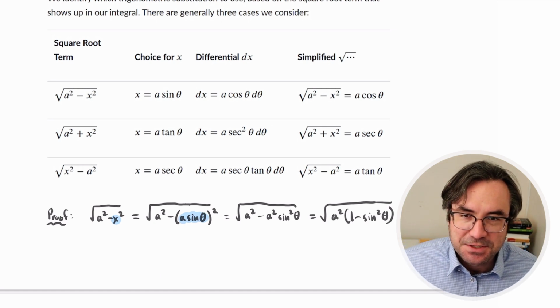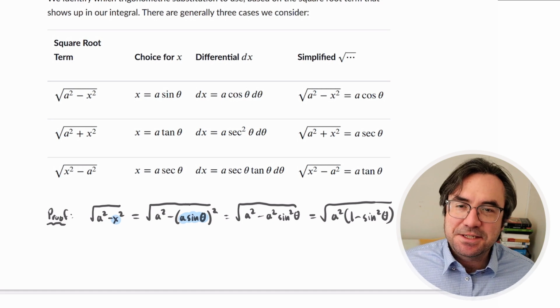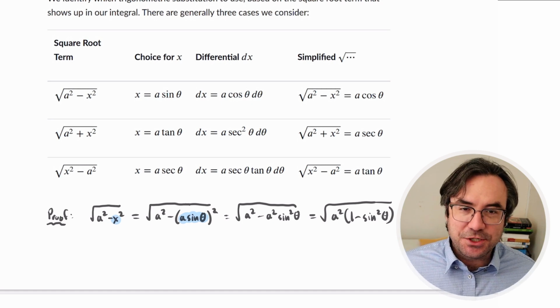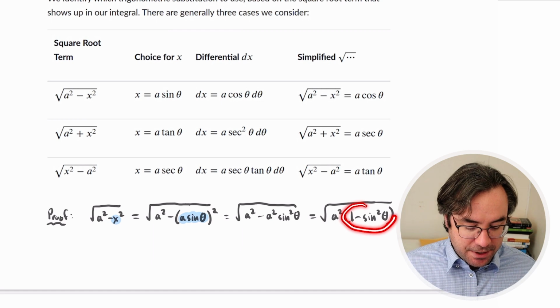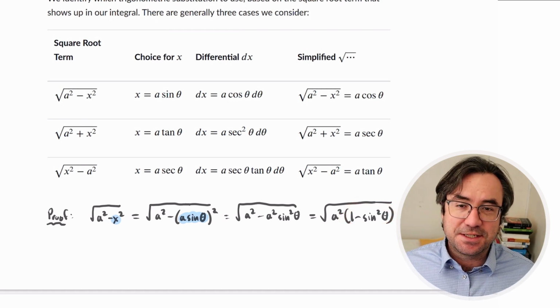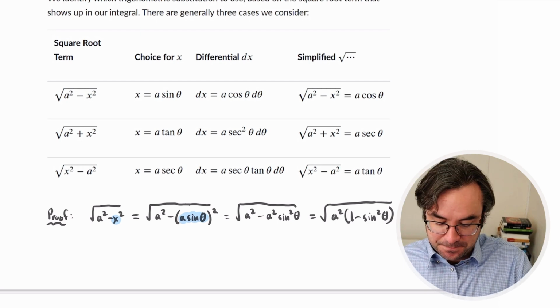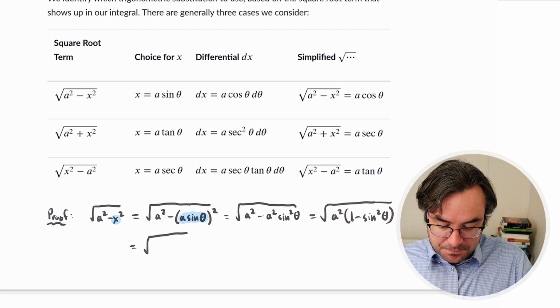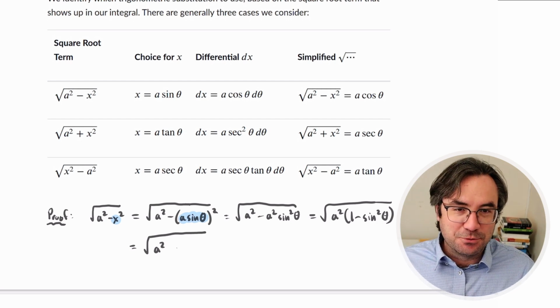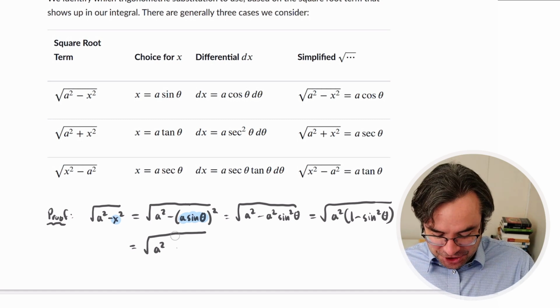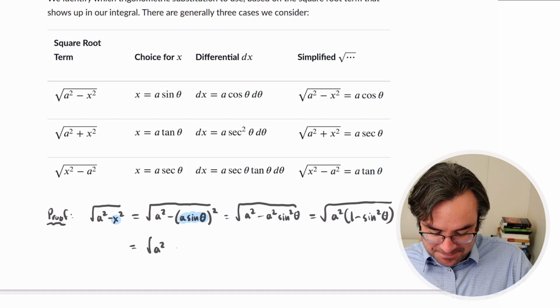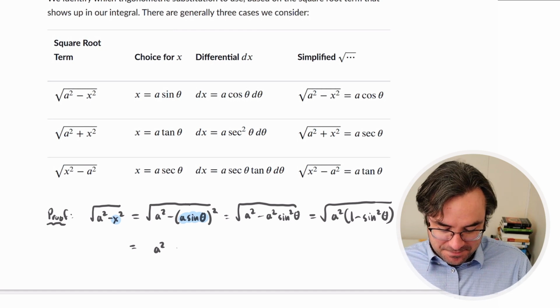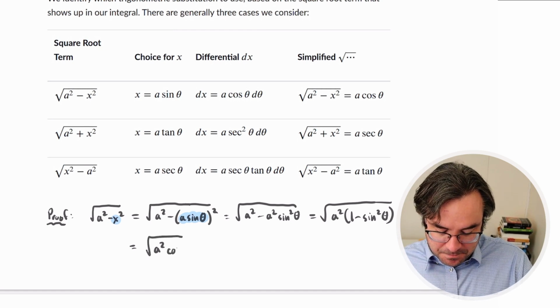Okay, so far so good. Now, where the magic happens, we have a trig identity that allows us to simplify that. Whoops, I made my square root too big. Let's shave off a little bit.